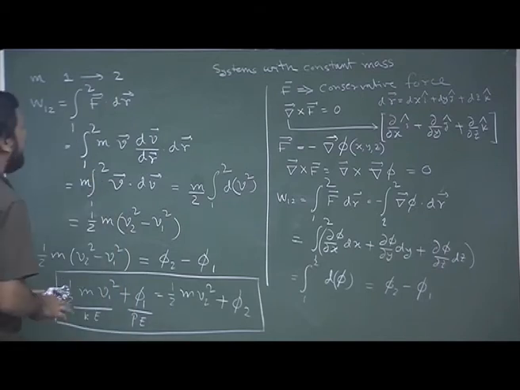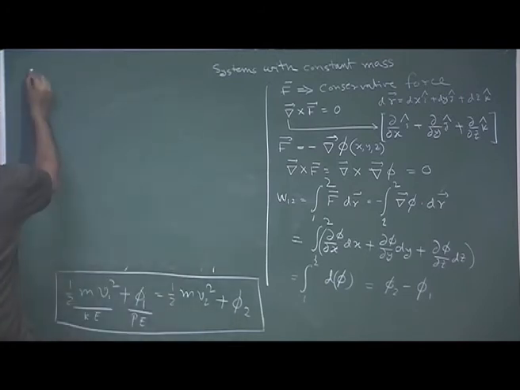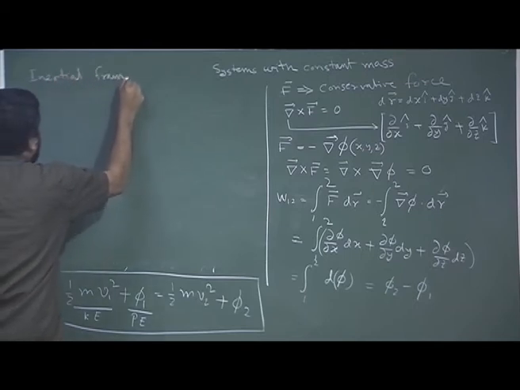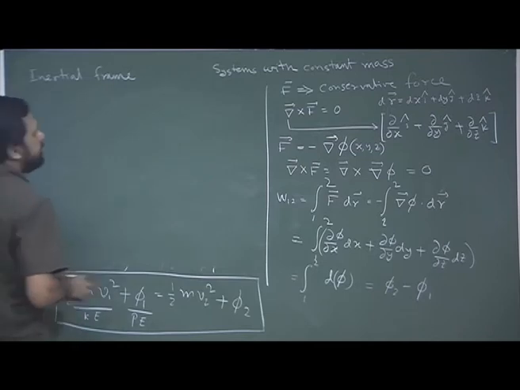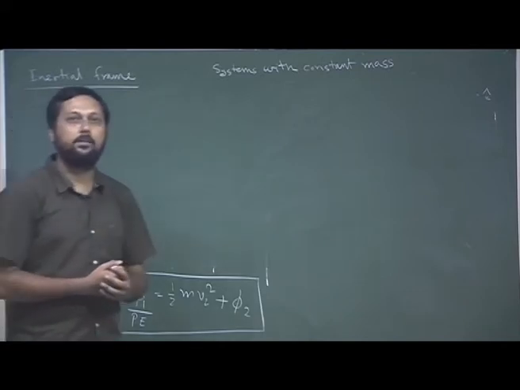Next, we would like to define what is meant by an inertial frame. Now, an inertial frame is a frame of reference in which, or let us define it in this way.